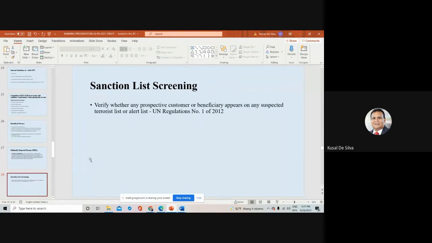The sanction list will give you a list of criminals, people engaged in terrorism, money laundering, drug trafficking, human trafficking.